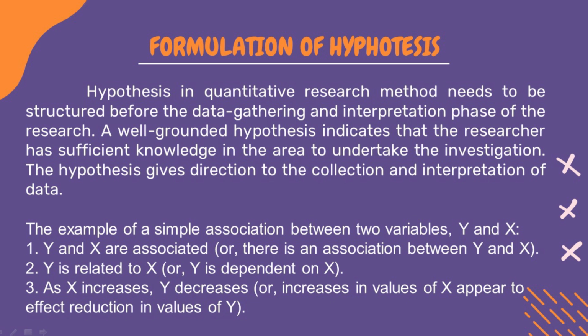of research. A well-grounded hypothesis indicates that the researcher has sufficient knowledge in the area to undertake the investigation. The hypothesis gives directions to the collection and interpretation of data. The example of a simple association between two variables, y and x.